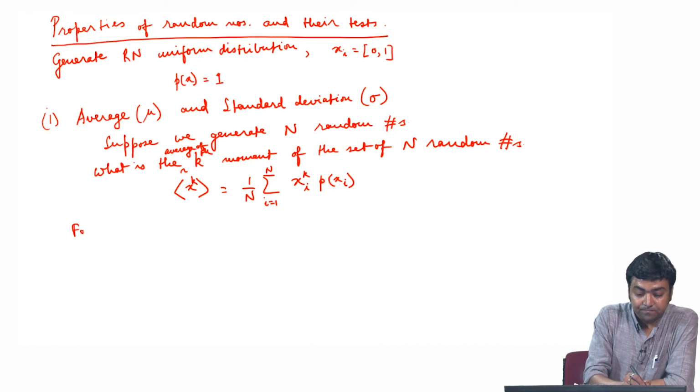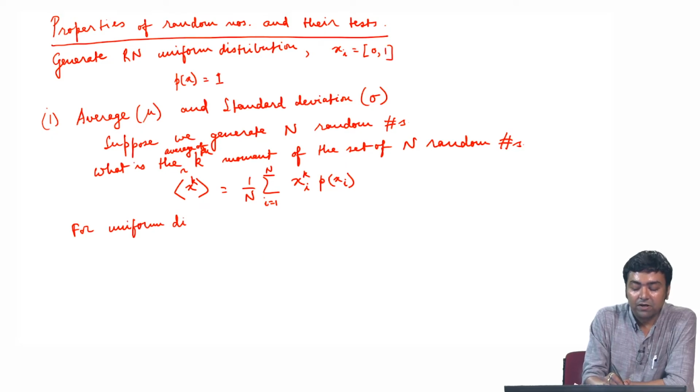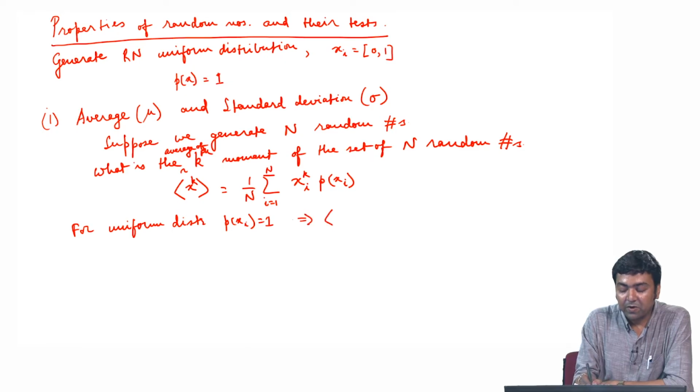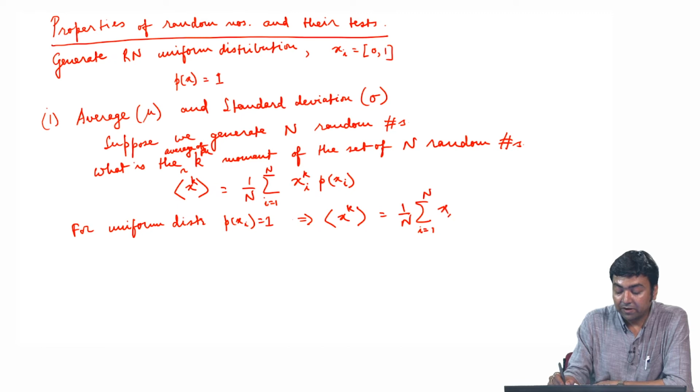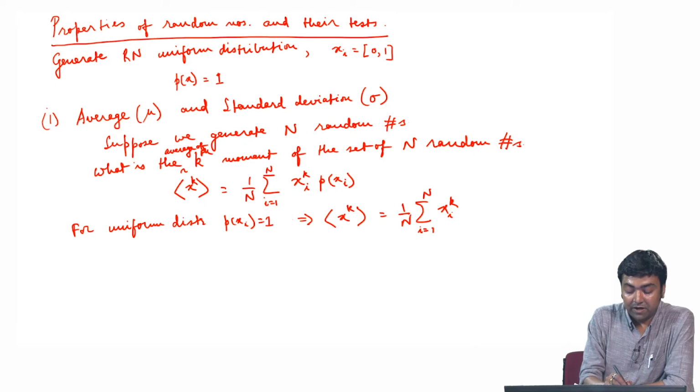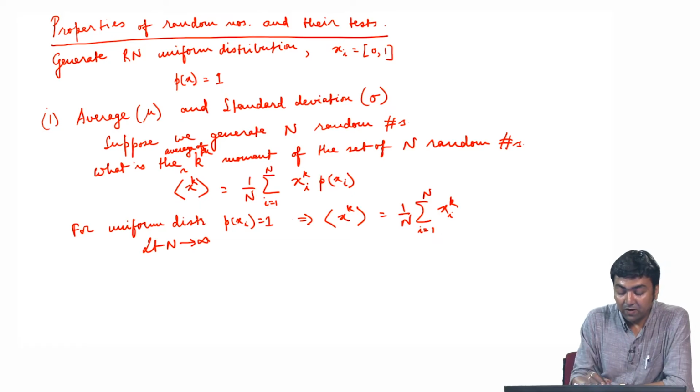Now, for the uniform distribution, as I told you before, p(x_i) is equal to 1. So, what this implies is that the average value of the moment x^k can be written as 1 by n sum over i equals 1 to n x_i to the power k. And if I assume that for large n, in the limit n tends to infinity, I can replace the summation by integration.